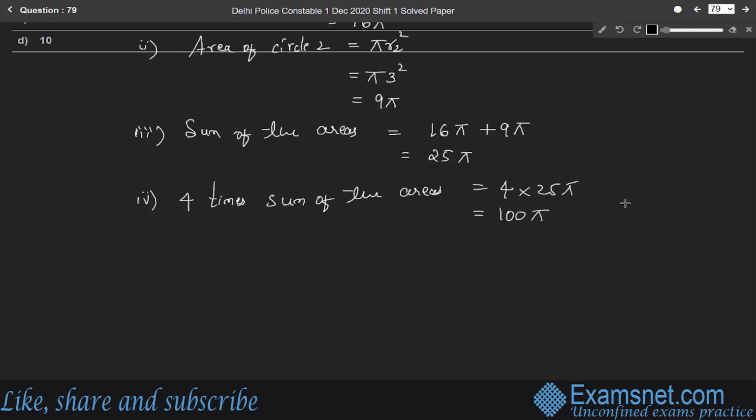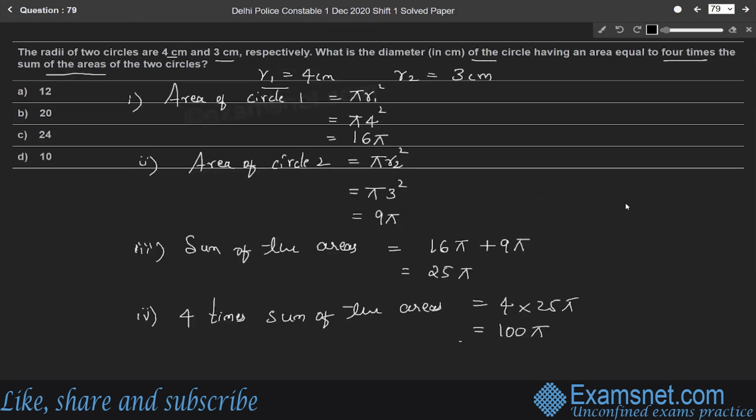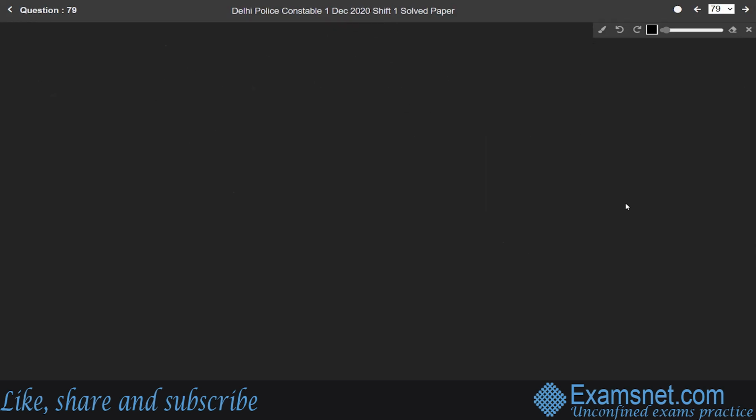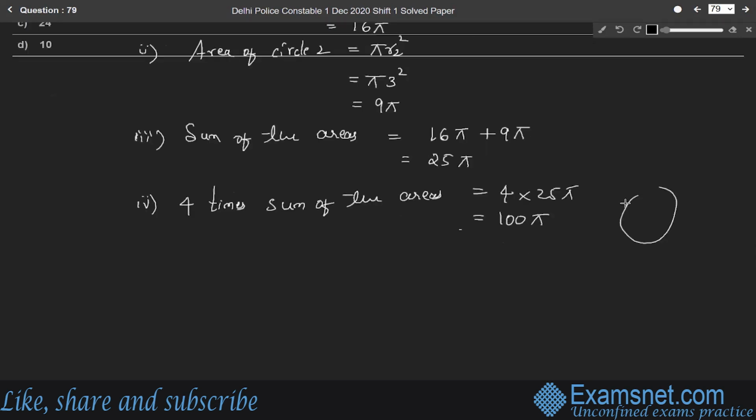So this 4 times the sum of the areas is the area of one big circle. So what is the area of the big circle? Again, the formula pi r square. Therefore, pi r square is equal to 100 pi. So pi will get cancelled, where r square is 100. Therefore, r is 10 centimeters.